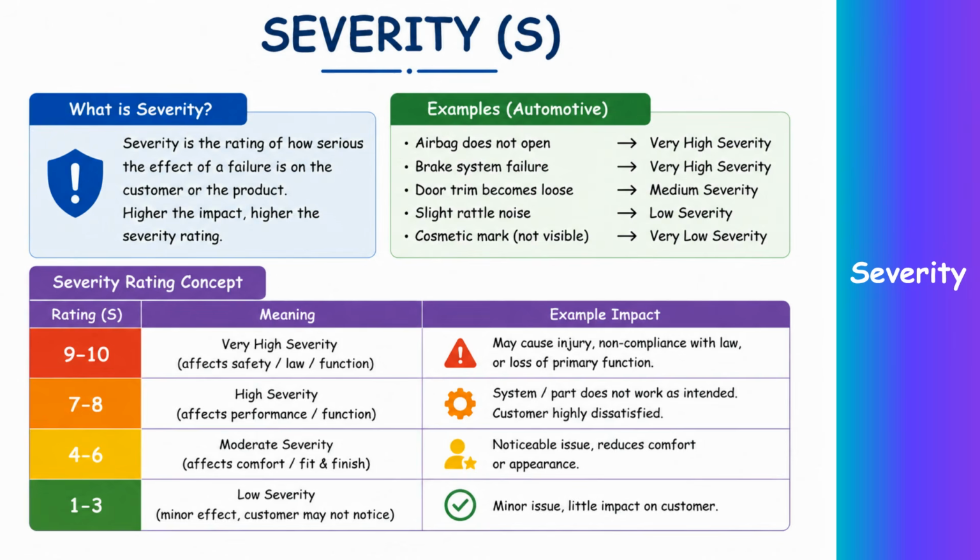If there is brake failure, again, severity is extremely high. But if there is only slight rattling noise, severity may be low or medium. Severity mainly focuses on customer impact, vehicle function, and safety consequences. Important point: severity cannot be reduced easily unless the effect itself changes.